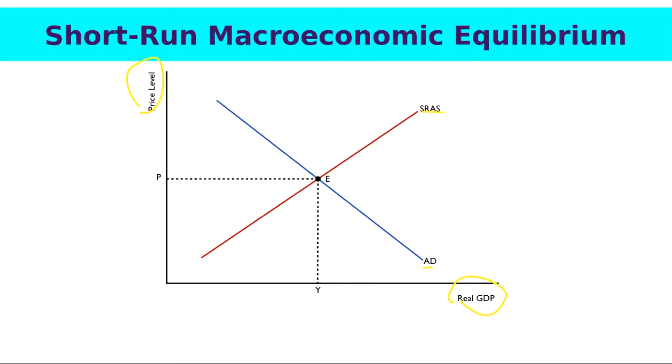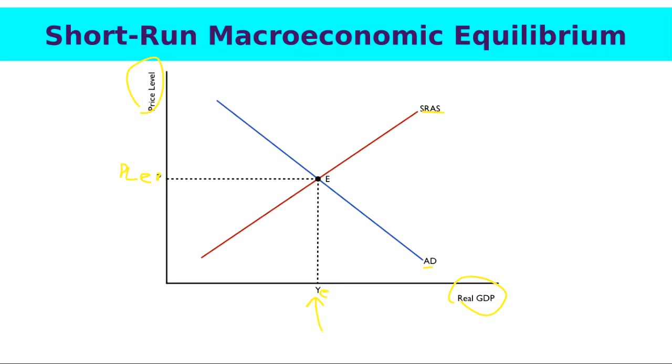As far as labels for your equilibrium points, I prefer that you label your price level as PL at equilibrium. That tells me that it's your price level at equilibrium. Now, do you see on the GDP line where the label here is Y? You're going to have a Y at equilibrium. We'll talk about that Y in just a second.